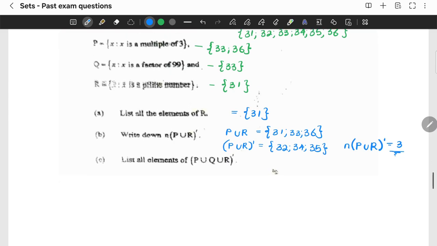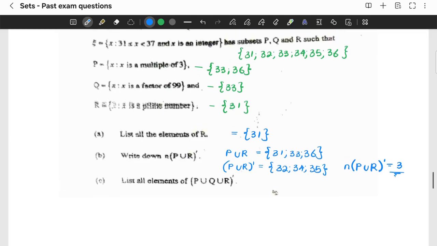Great. List all elements of P union Q union R complement. So everything that's in P union Q union R, let's start with those. The union of those three would be 31, 33, and 36, right?